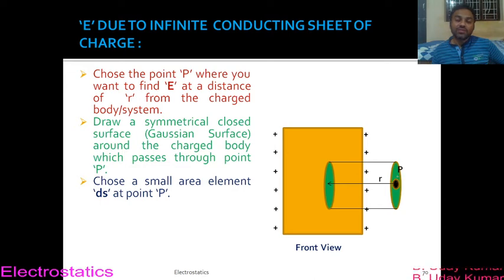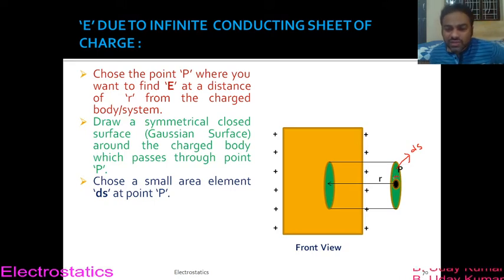Now you have to choose a small area element here. That means you can assume that the circular surface of the cylinder itself is very small, and the entire area of this cylinder you can take as ds, which is a very small area, or else you can take it as capital A also. It's not a big deal.